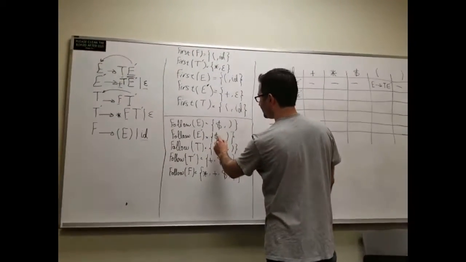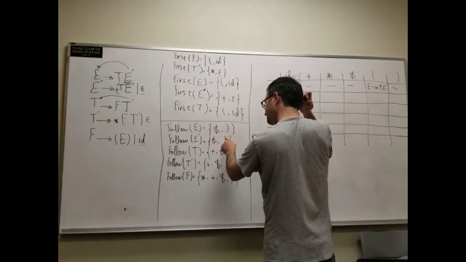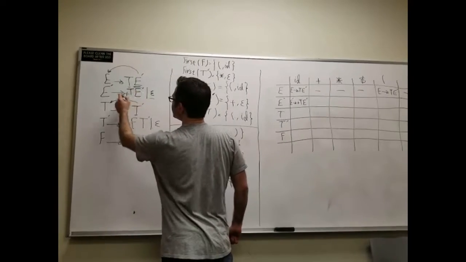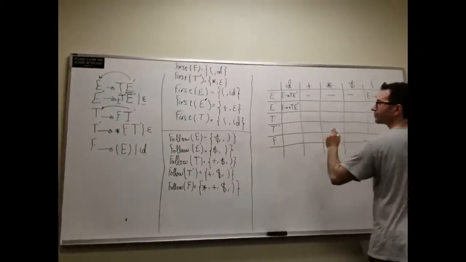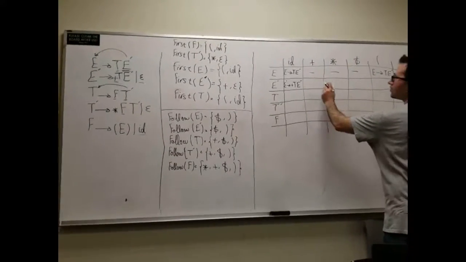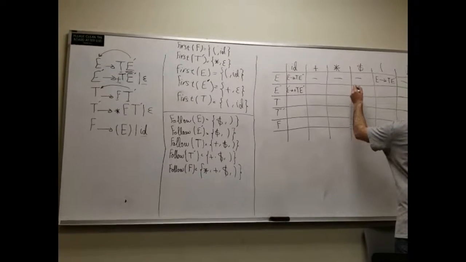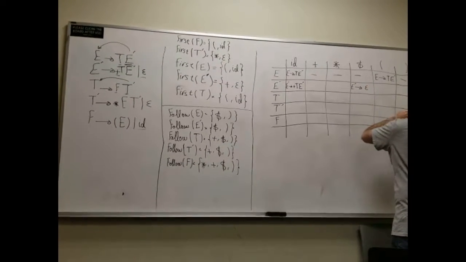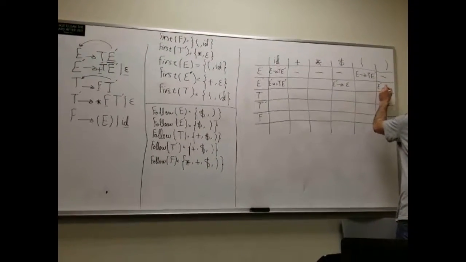In the follow set, we have dollar sign and right parenthesis. So for the dollar sign that we have here, we can say E prime goes to epsilon. And for right parenthesis, same.